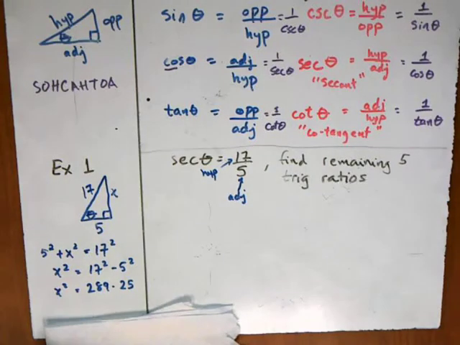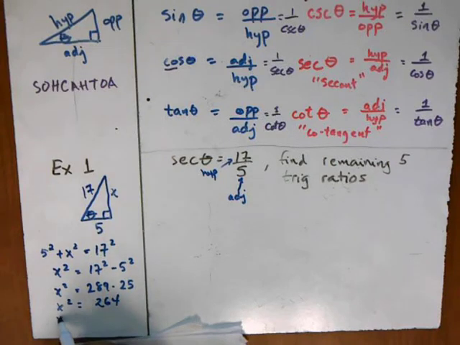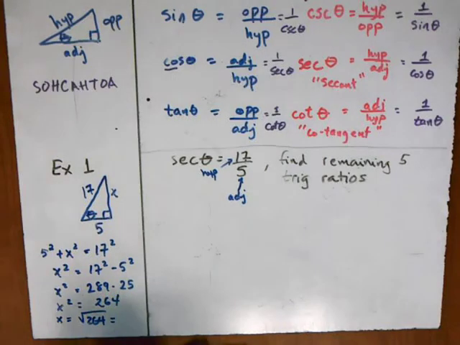X squared is equal to 289 minus 25. And that is going to give us 264, and then the square root of both sides, x is equal to the square root of 264, and we're going to make sure we simplify that as much as we possibly can, and that comes out to be 2 times the square root of 66.